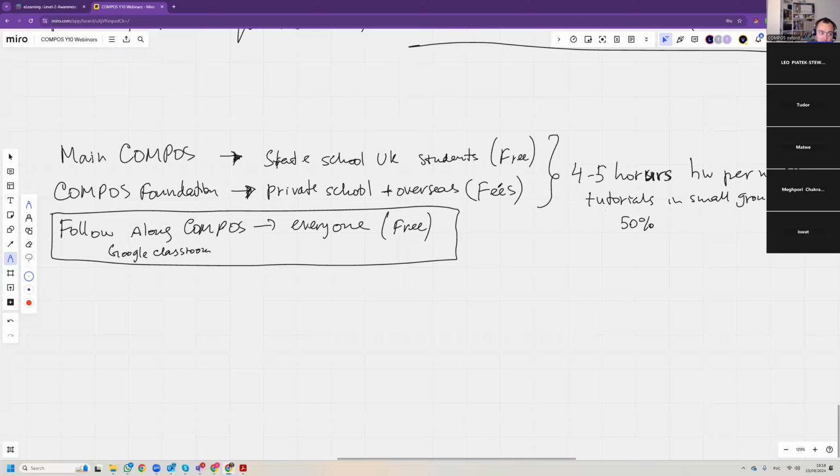But if you choose to enter the main COMPOS program, homework is mandatory. We expect you to show up to tutorials, so it is a commitment. Don't take it lightly. It is a lot of work. So just keep that in mind.